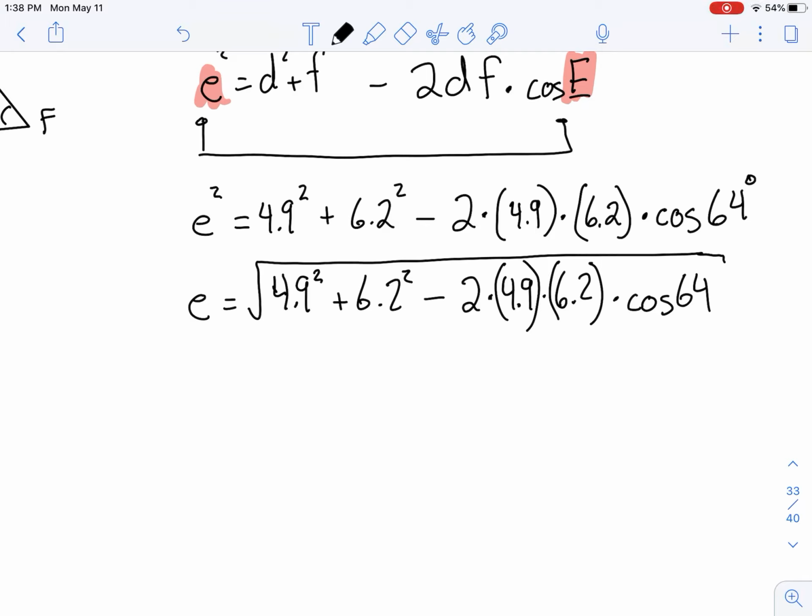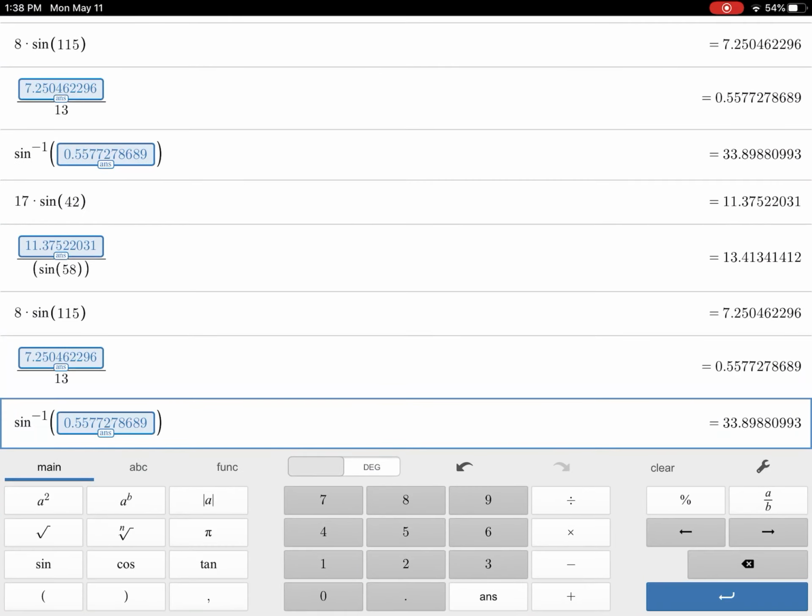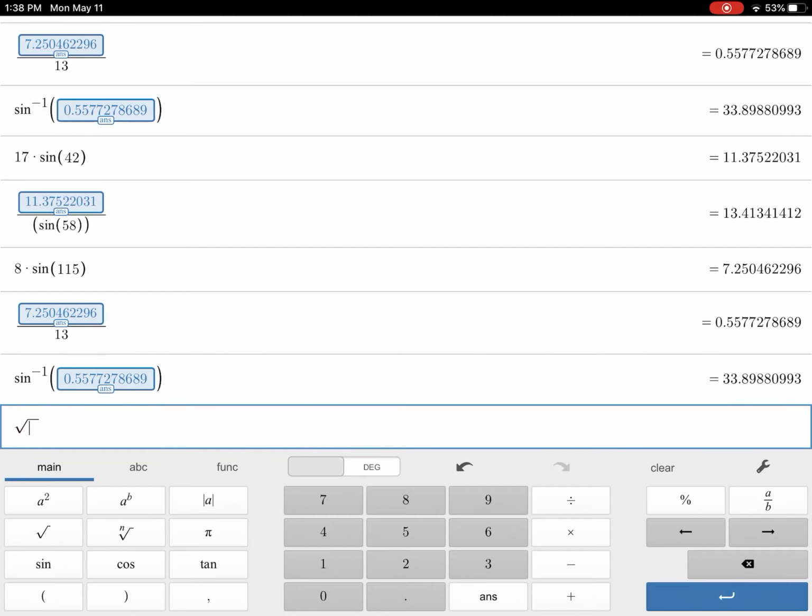It's going to help you out lots. So I'm going to do square root of this whole thing, in brackets, 4.9 squared, I do believe it was. Let's see how good my memory is.